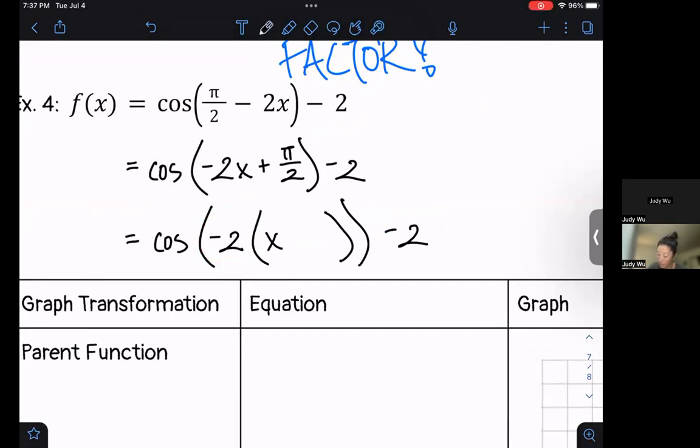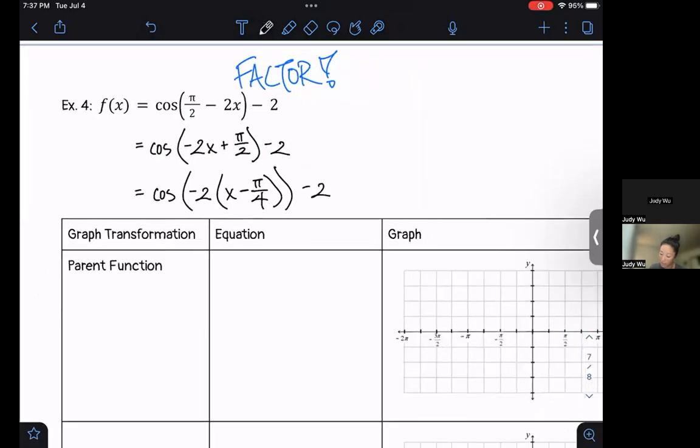So instead of a plus in here, it's actually going to be a minus, because when I distribute this back, a negative times a negative is how I get that plus up here. Now our question is, 2 times something gives us pi over 2. So we can say, let's take pi over 2 and divide it by this 2. When we do that, we'll end up with pi over 4.